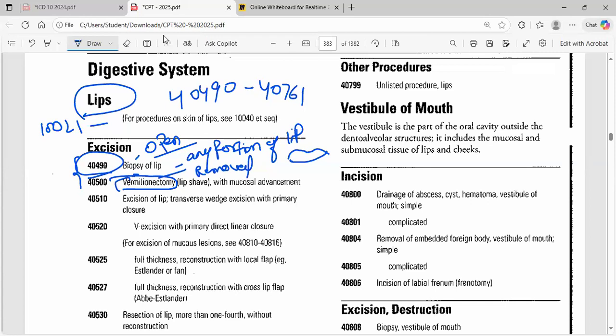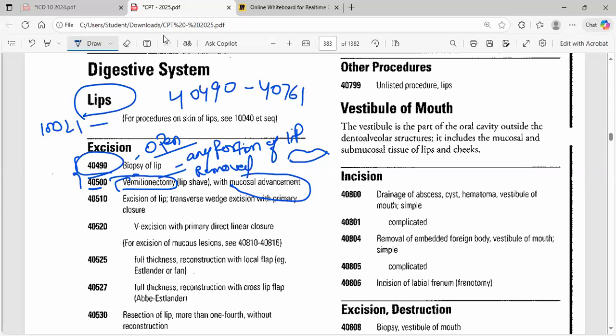So whenever there is a removal of vermilion, then we are going to use 40500. 40500 also includes the mucosal advancement. Mucosal advancement means the grafting of the mucosal area. So it includes the repair of the excisional area as well as the mucosal advancement.